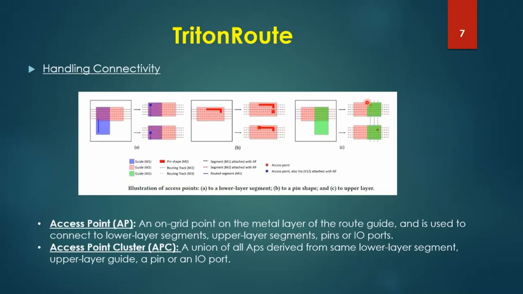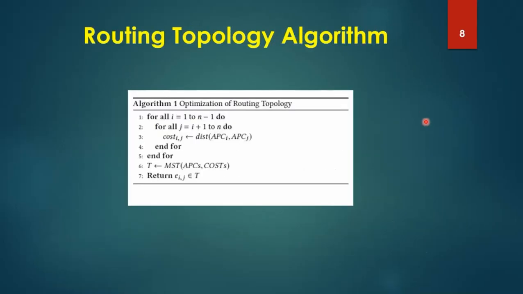So I won't go much deeper into the APC section. What I can show is this algorithm which they use for optimized routing. So this is the algorithm, what it says. For each APC, you need to find the cost associated with each of the APCs.